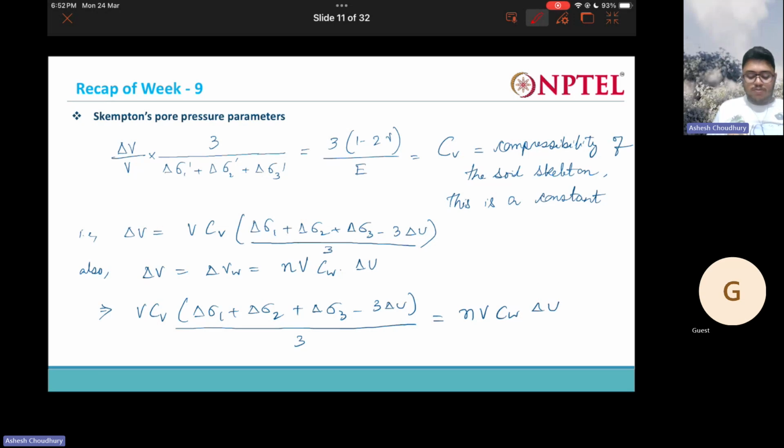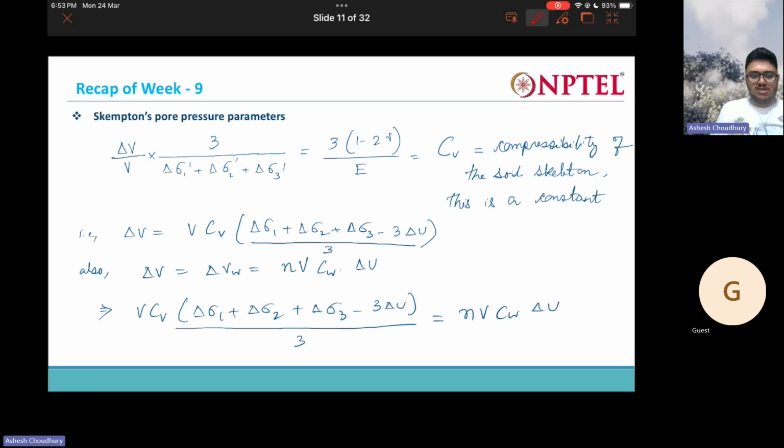So Skempton's pore pressure ratio is as we were discussing. Delta V by V, the change in volume, divided by the applied mean stress: delta V by V divided by delta sigma 1 plus delta sigma 3 over 3, means change in volume by the mean stress, is equal to 3 times (1 minus 2 mu) by E, which is nothing but the compressibility of the soil skeleton.